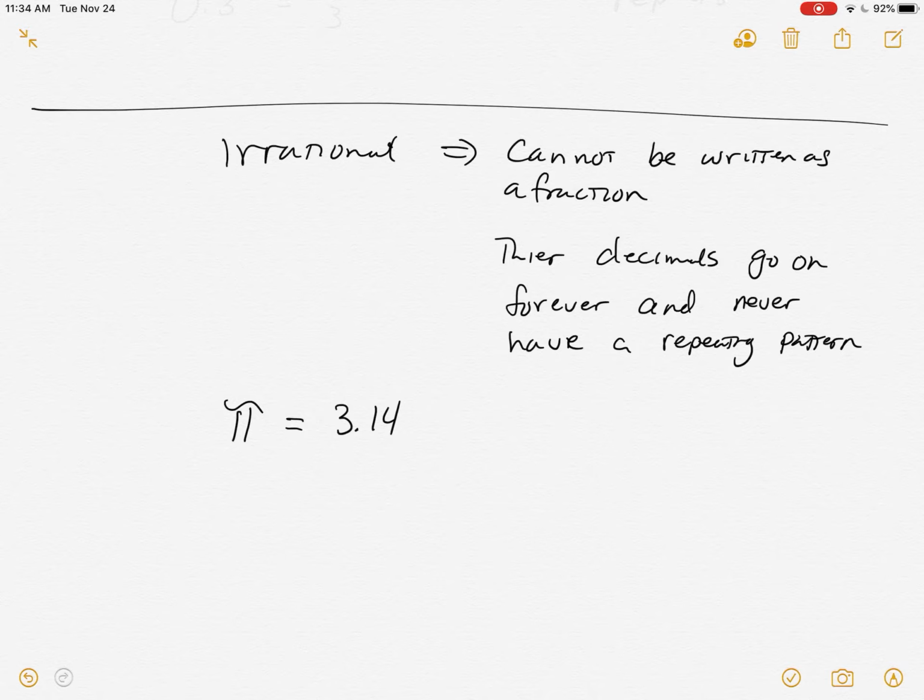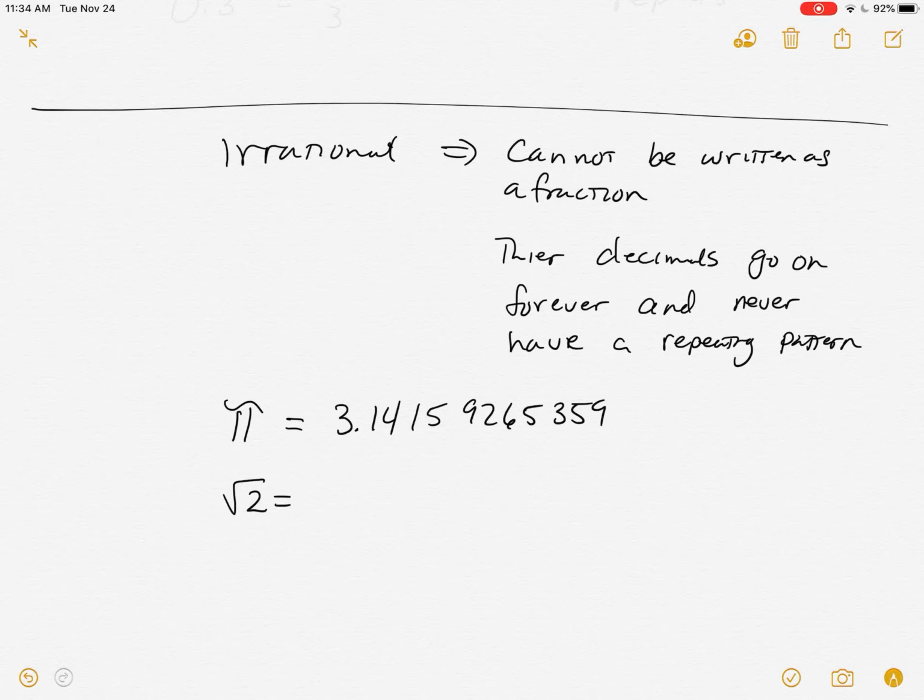I see it now. Okay, sorry for the hesitation. If I type in pi and hit equals, 3.14159265359, and if you were to continue writing that, pi never has a repeating pattern at all.